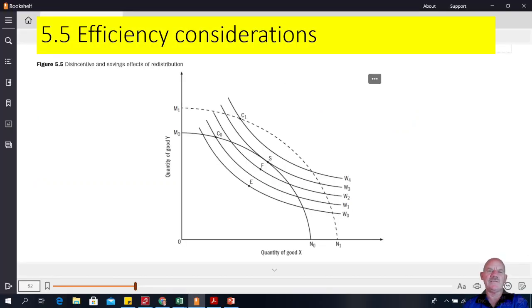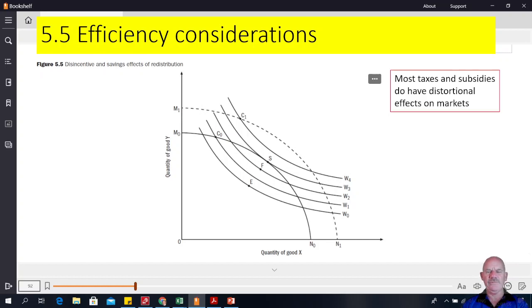Efficiency considerations is important. You need to read this paragraph and look at the examples that they have from the graph. So it's true, and we will see this later in the textbook, that most taxes and subsidies have distortional effects on markets.